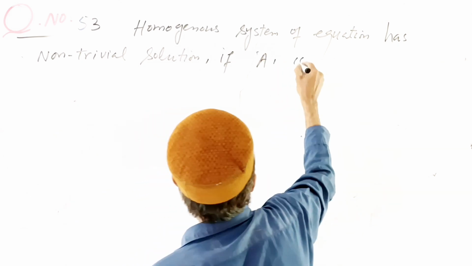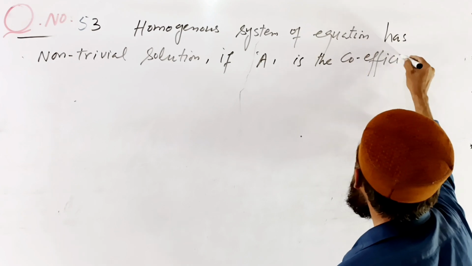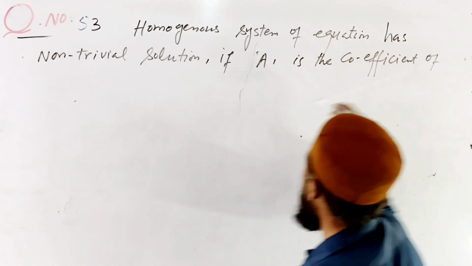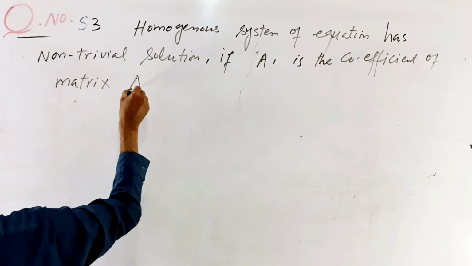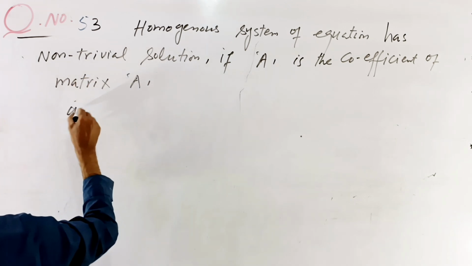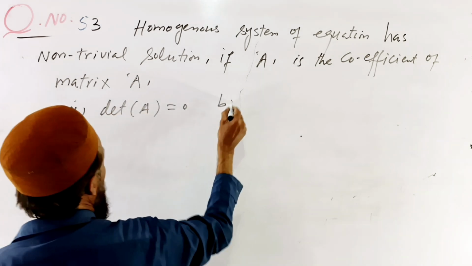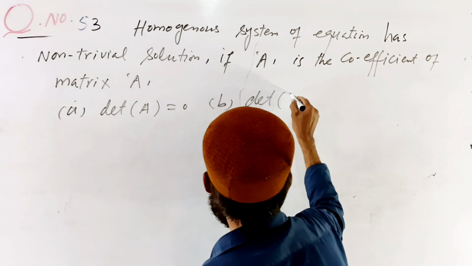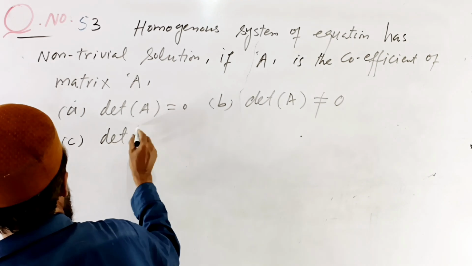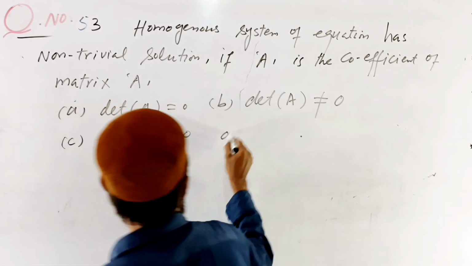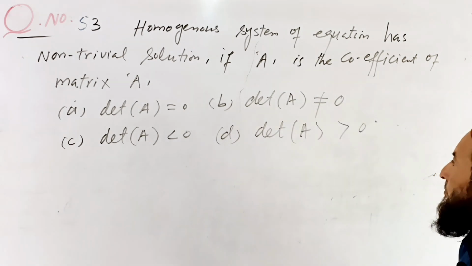A is the coefficient matrix A. So what is the result? A, determinant of A is equal to 0; B, determinant of A is not equal to 0; C, determinant of A is less than 0; and D, determinant of A is greater than 0.